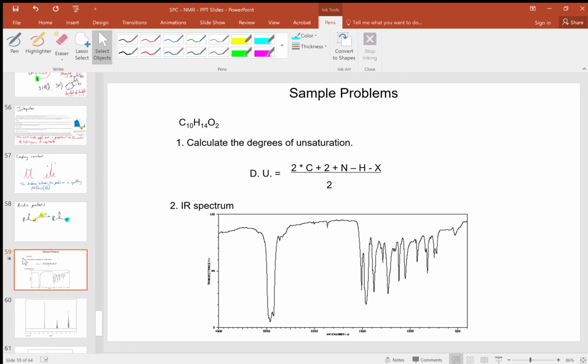We could even at some point in the future go even one step harder, and I could give you, instead of giving you the chemical formula, just the mass spec instead. But again, the goal here is going to be to identify compounds just based on their spectra.